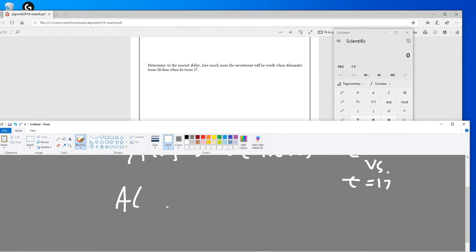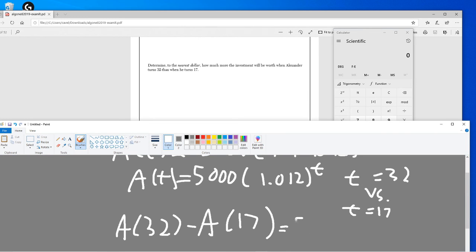So we have A of 32 minus A of 17, which is equal to 5,000 times 1.012 to the 32, minus 5,000 to the, oh, we don't have much space here.